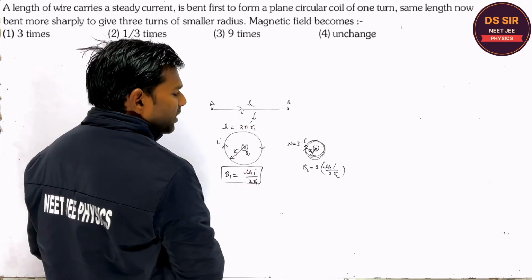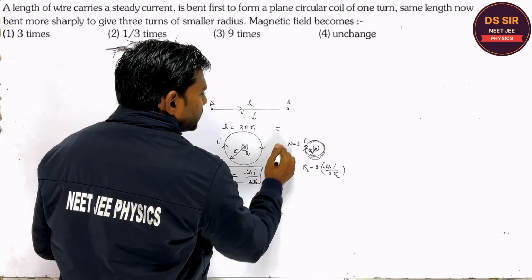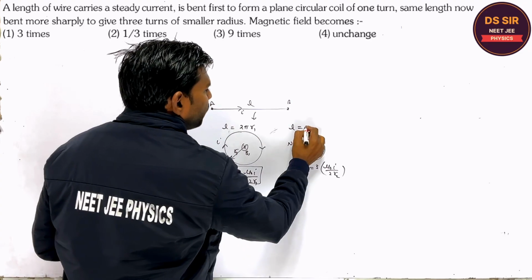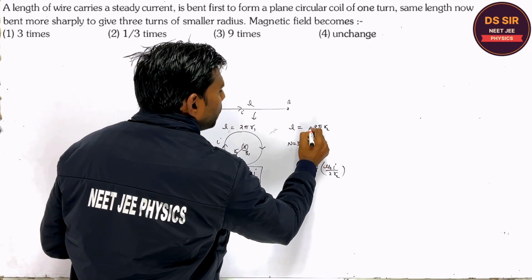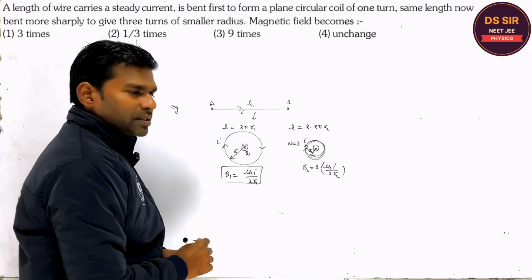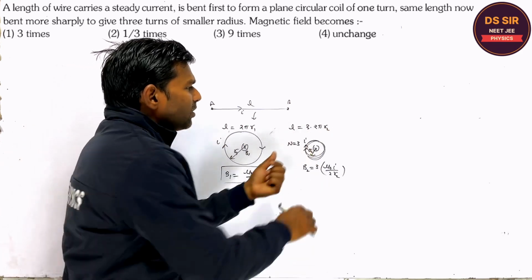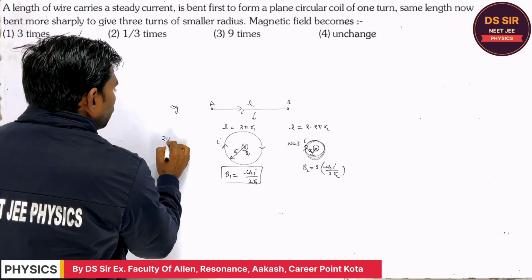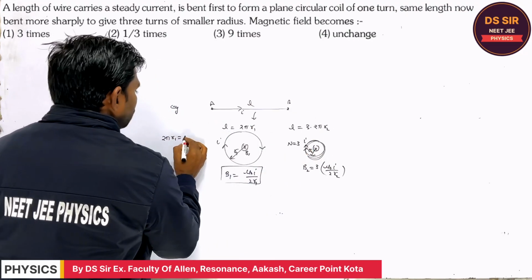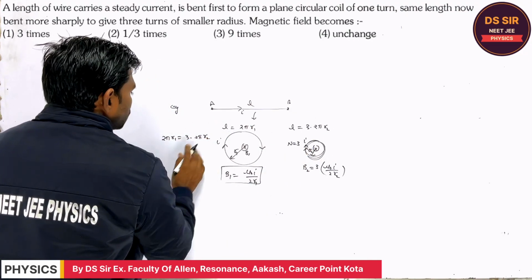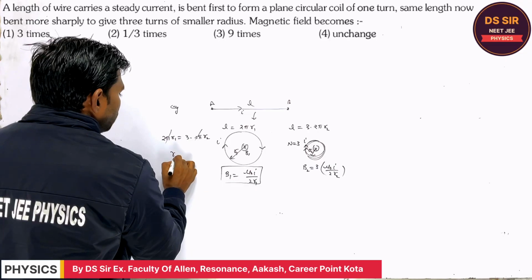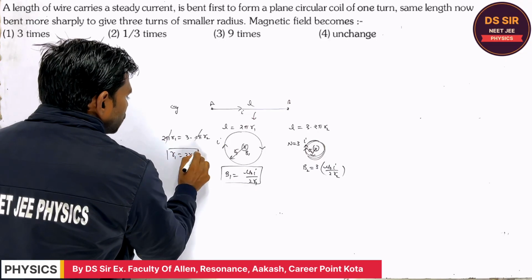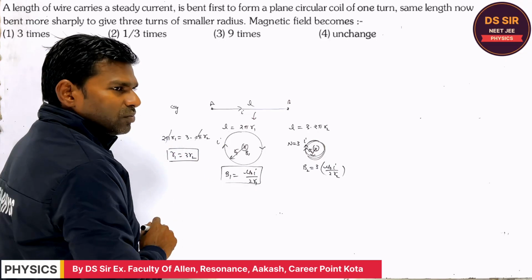And here the same length is equal to 2 pi R2 multiplied by 3. Is it clear or not? Here are 2 pi R2, 2 pi R2, 2 pi R2, 3 turns. So 2 pi R1 equals 3 into 2 pi R2. So 2 pi cancels out, R1 is equal to 3 R2. So this is the relation between R1 and R2.